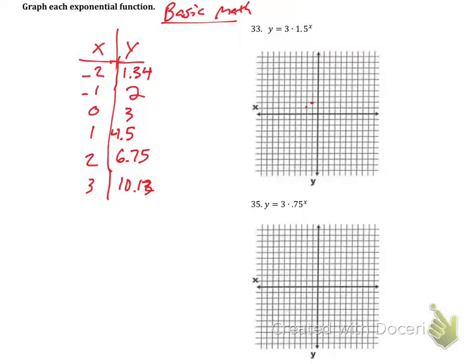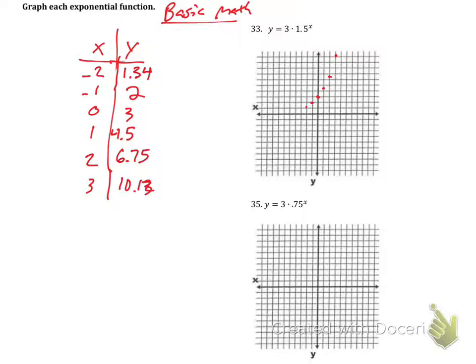And then I'm going to go 0, and then up 3, and then 1, 4.5, and then 2, 6.75, and then 3, 10, a little above 10, right there, and those are our points.